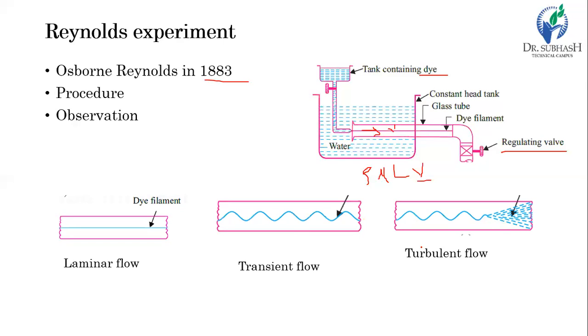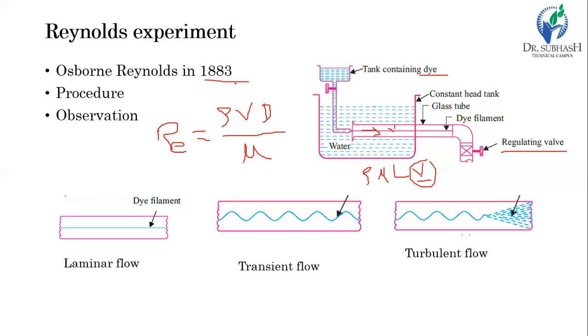So what could be the reason here? In all these three cases, he just varied the velocity. In the first case it has a very low velocity, in the second case a little higher velocity in comparison, and in the turbulent flow case a very high velocity. So in all these three cases, he derived one number, the Reynolds number, which is nothing but rho v d, where d is the diameter of the pipe, divided by mu.